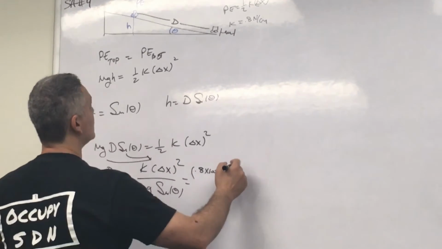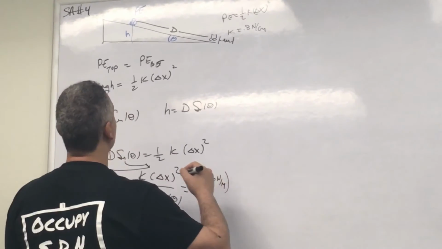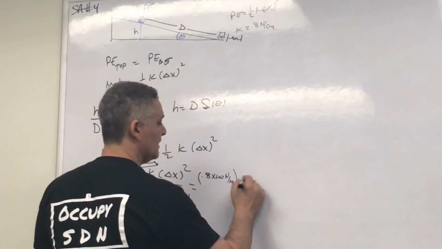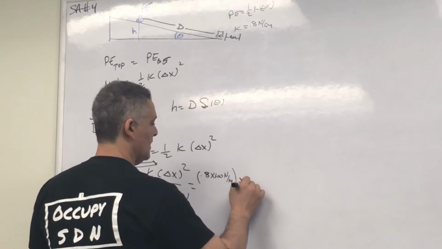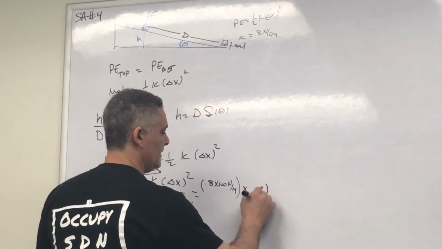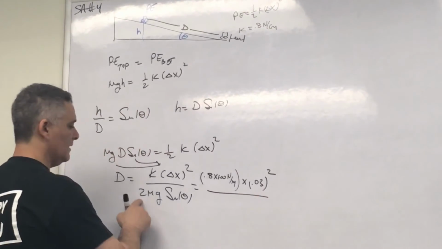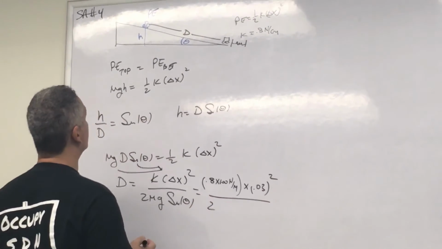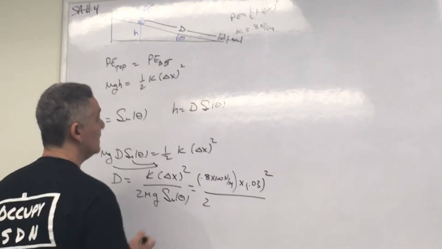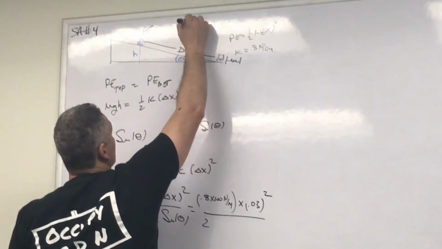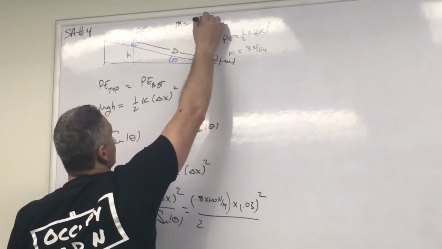And then delta x was how much? 3 centimeters, you said? Yes. So it's going to be times 0.03 meters squared, divided by 2 mass in kilograms, if we have the mass. 500 grams, 0.5 kilograms, right?